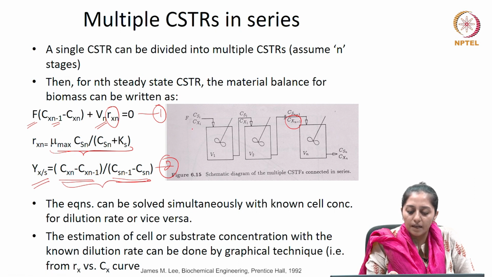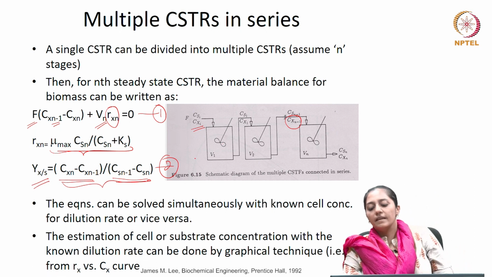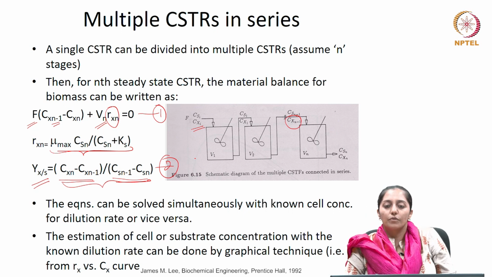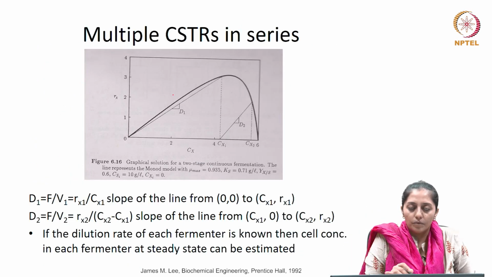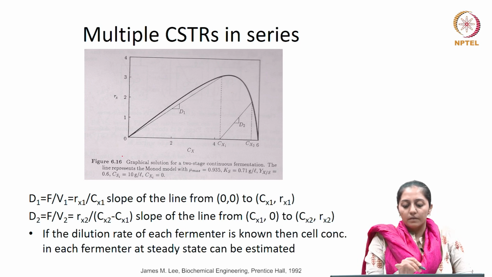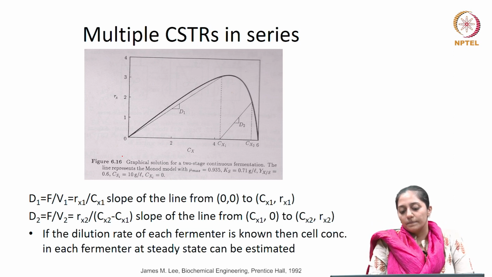Cxi and Csi are the inlet to the first reactor, and Csn and Cxn will be the outlet from the nth reactor here. Now for one CSTR, they have shown with this dark line the plot of how the biomass formation rate will change.